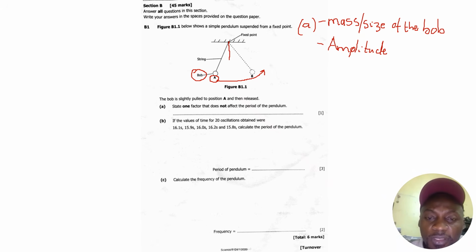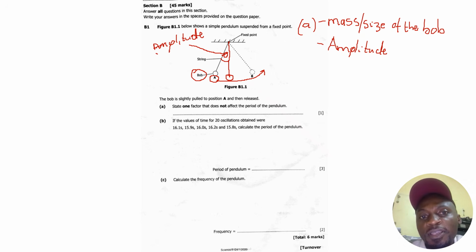If you look at the diagram, if the bulb is not yet set in motion, the angle of displacement here, this part, is the amplitude. So like I said, for small angles, the amplitude does not affect the period of the pendulum.